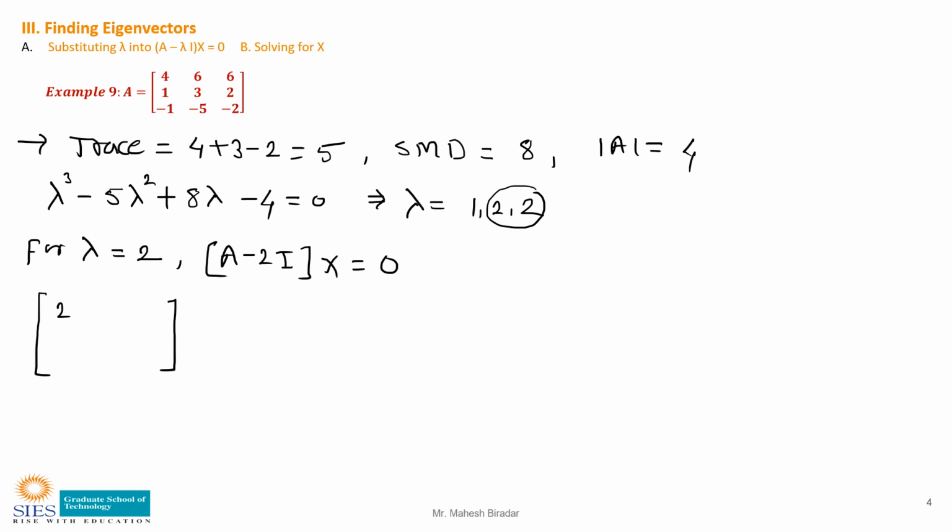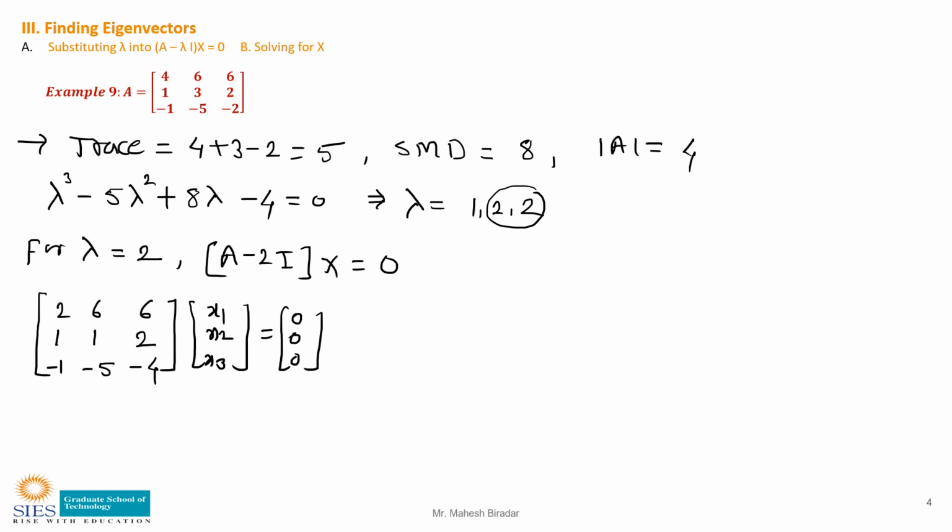So which is 2, 6, 6, then 1, 1, 2, minus 1, minus 5 and minus 4, into x1, x2, x3 is equal to 0, 0, 0.